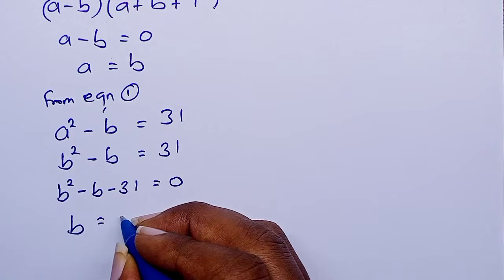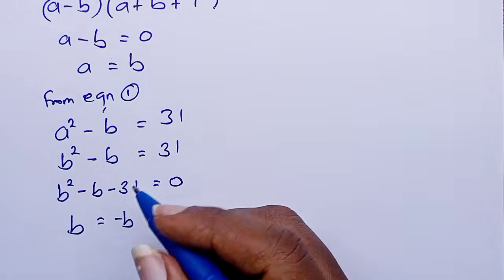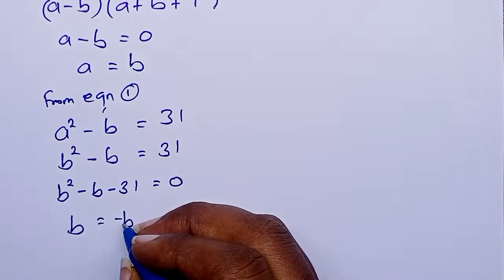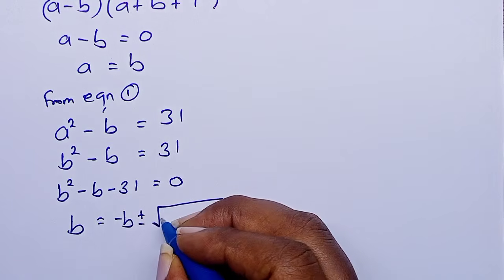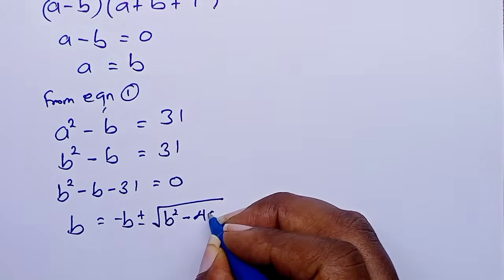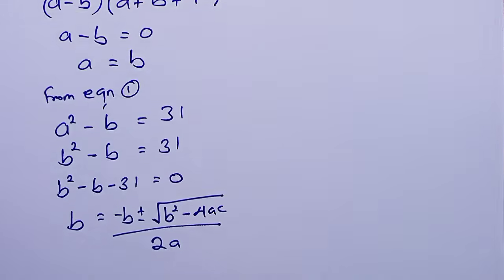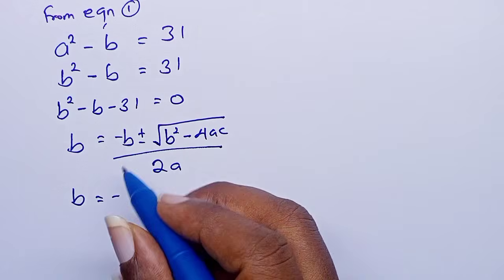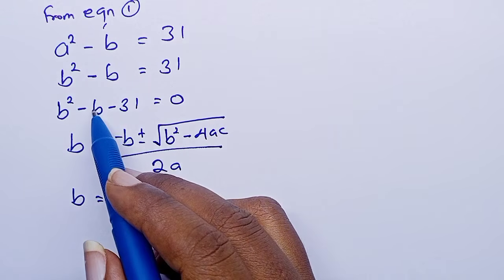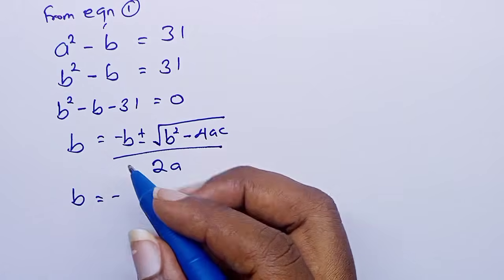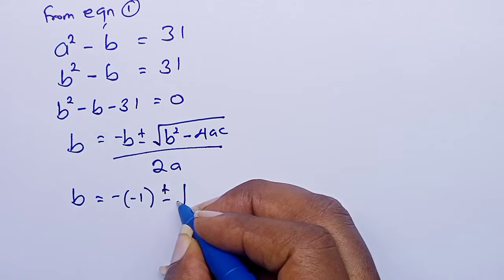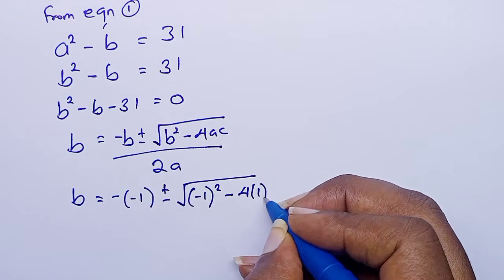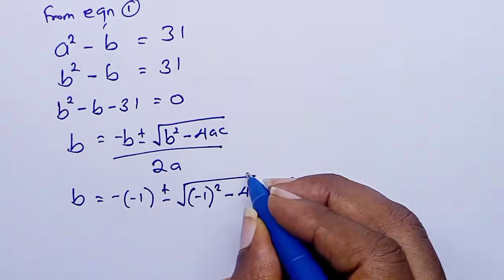So b will be equal to minus b. So this b represents the coefficient of unknown b. Okay, so minus b plus or minus root of b squared minus 4ac over 2a. So b will be equal to minus, the coefficient of b is negative, so negative 1. Then plus or minus negative 1 squared minus 4 times a is 1 times c is negative 31.